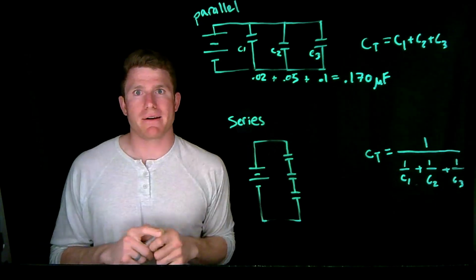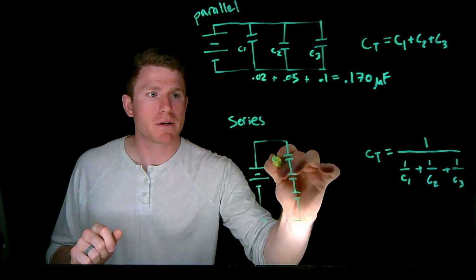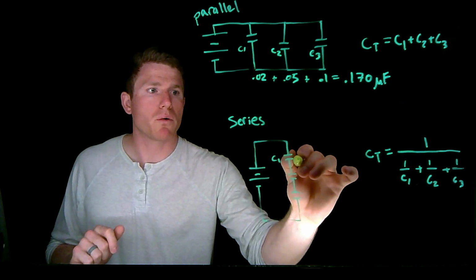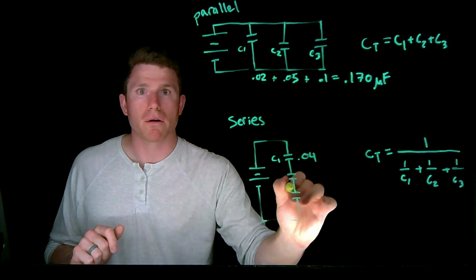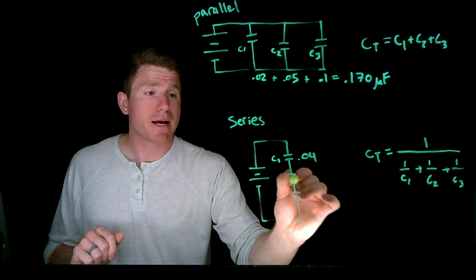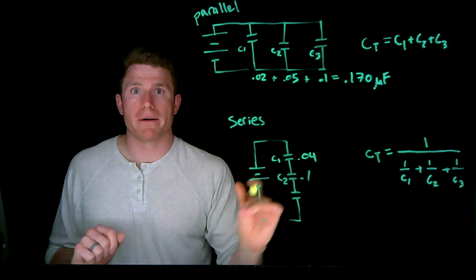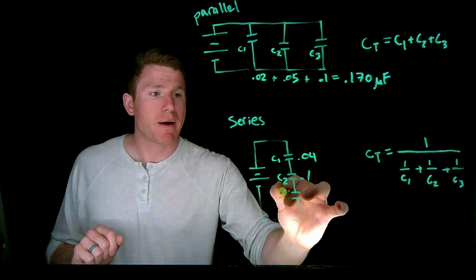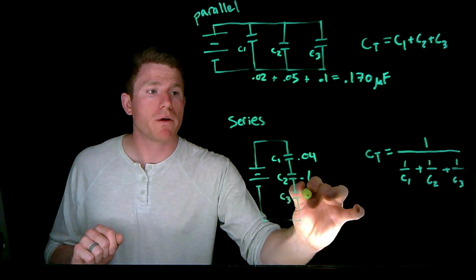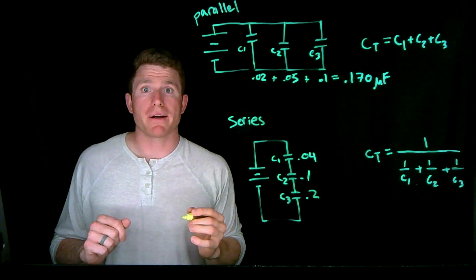In this scenario, let's say we have capacitor 1 up here, and it can hold 0.04 microfarads. Capacitor 2 can hold 0.1 microfarads, and capacitor 3 can hold 0.2 microfarads.